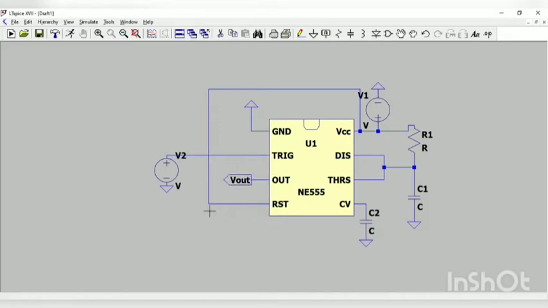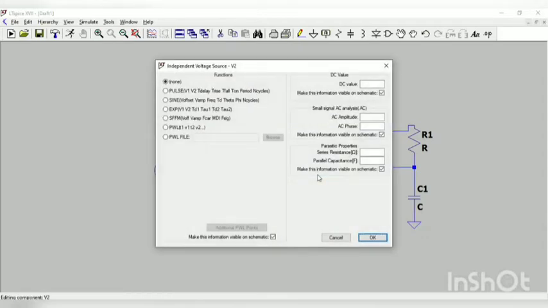We pick up our values, so I'll go to advanced. For the trigger, I need pulses. Initial voltage should be high, on voltage should be low. Let's keep a delay of 2 seconds, rise time 50 milliseconds, fall time 50 milliseconds as well, and on time 100 milliseconds.